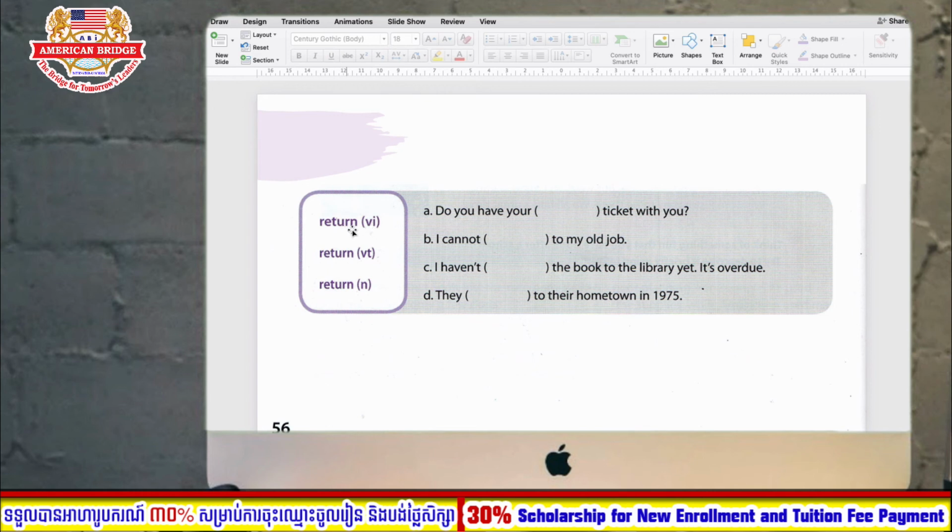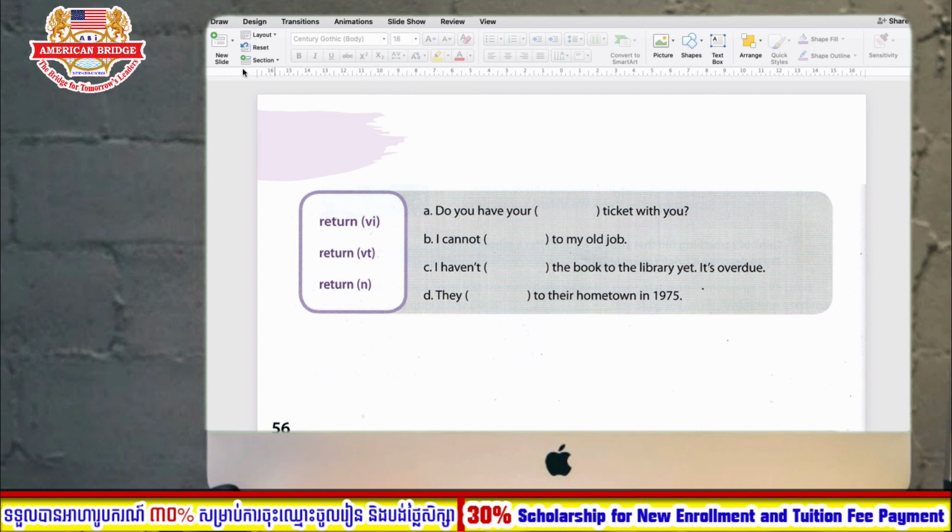The word return as an intransitive verb refers to the verb that doesn't need objects, which means you go back to somewhere. However, the word return as a transitive verb means to give something back to somebody. So the first one means go somewhere, and this one means give something back to its previous place. While the word return, again, it functions as a noun.